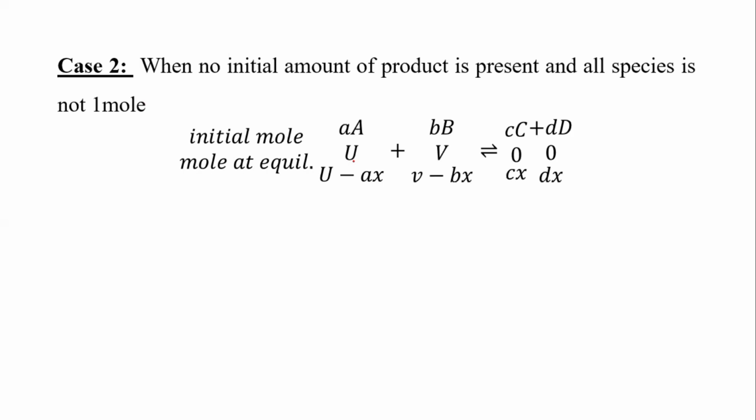U is the initial mole of the reactant A, V is the initial mole of the reactant B, and of course, no initial amount of the product is present. At equilibrium, X amount of the product has been formed, and the reactants will decrease by this X.